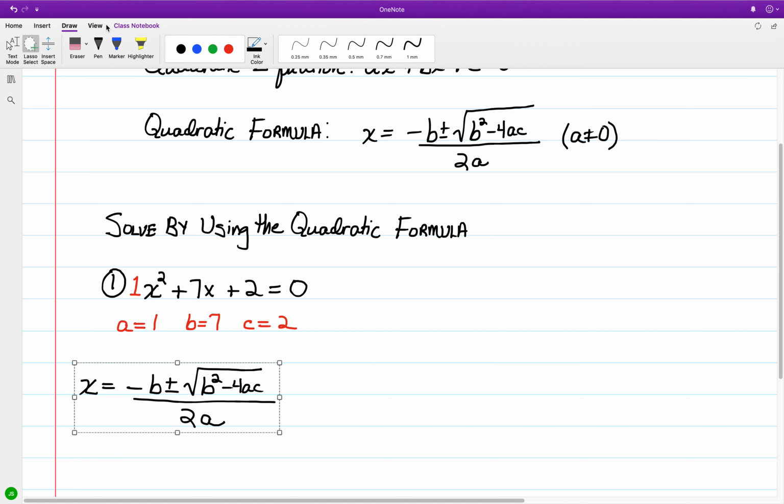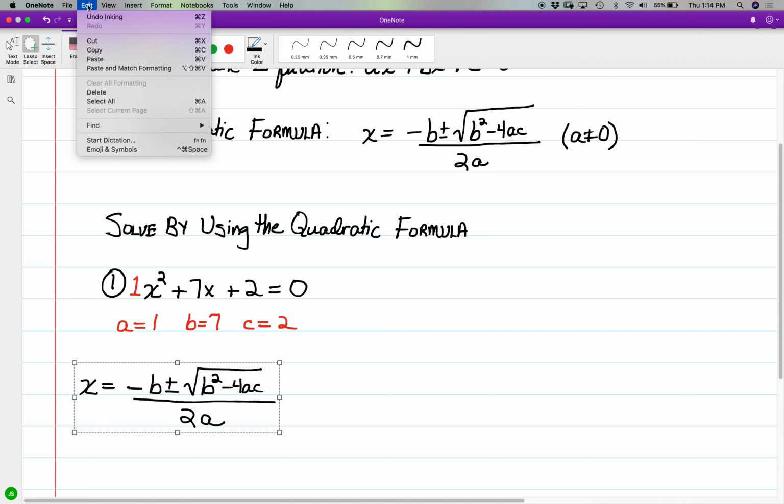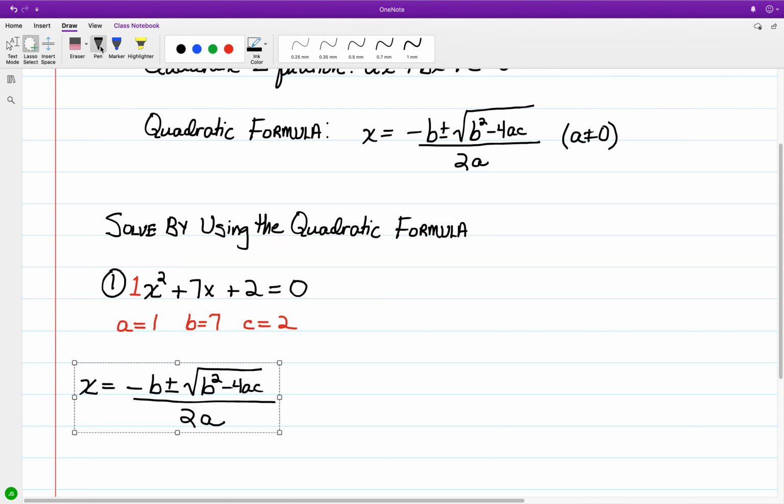and I'll go ahead and copy this. All right, so if I substitute, we have for negative b, negative 7 plus or minus the square root.